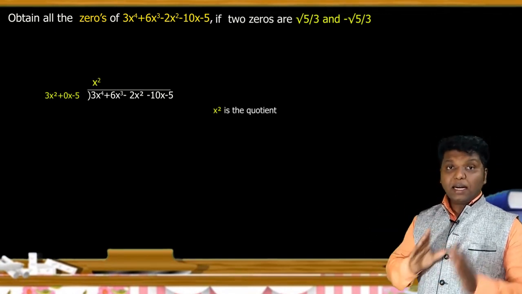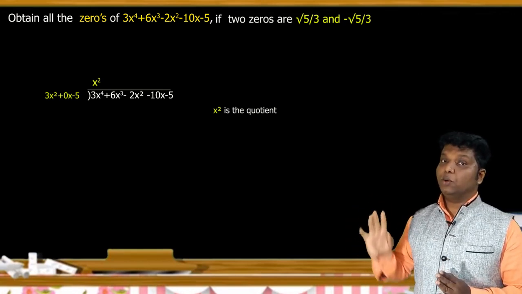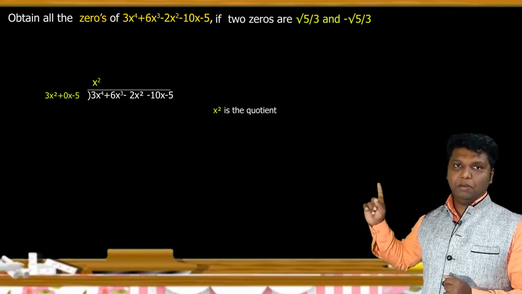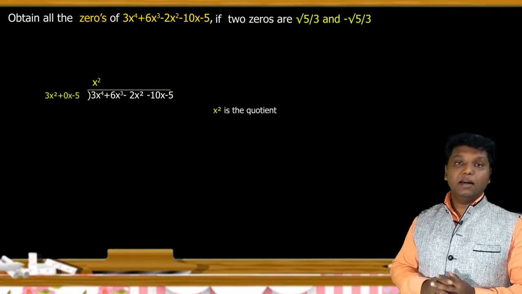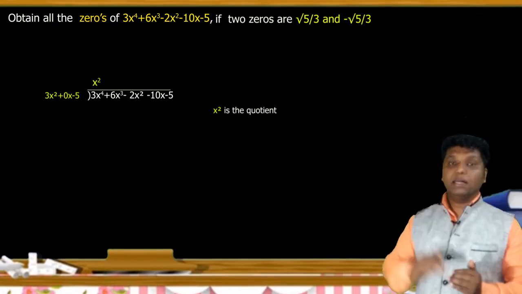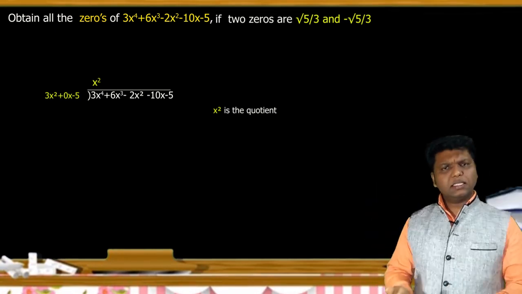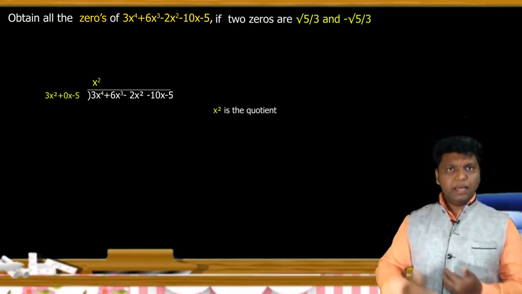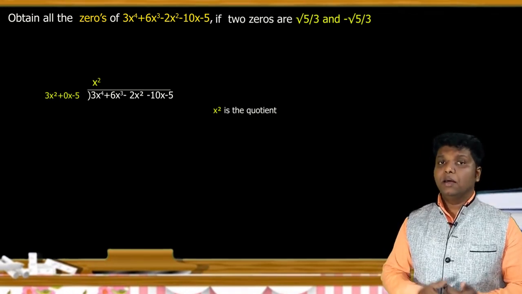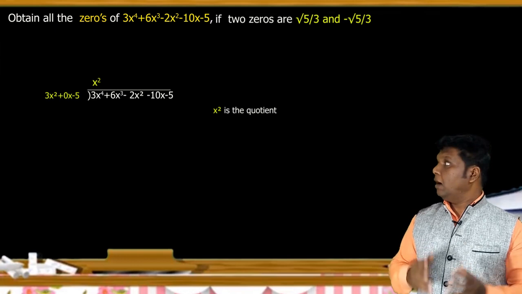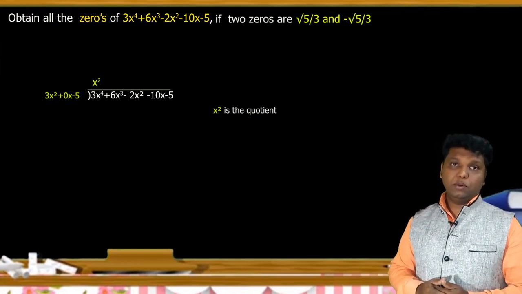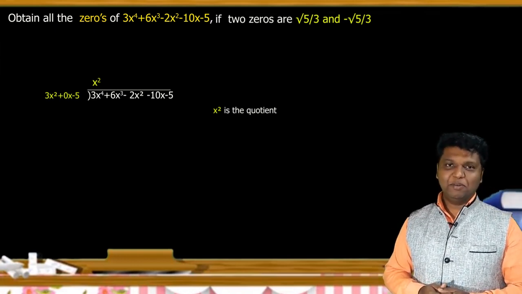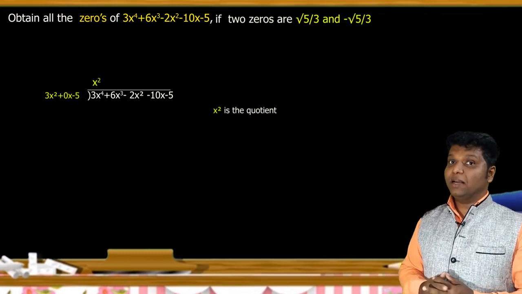Now whatever you write in the quotient part, you have to multiply it with the given divisor, and write the answer beneath this one, just as we were doing earlier. In the previous videos I explained in detail how to do this long division method. I hope you can understand from that. Okay, now let me go through this very fast.